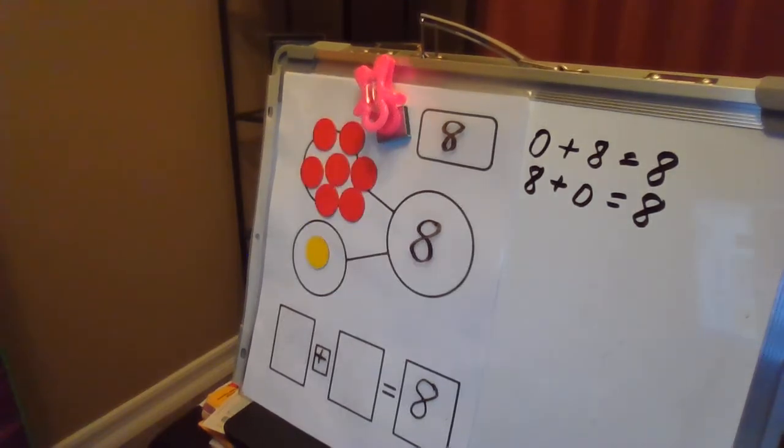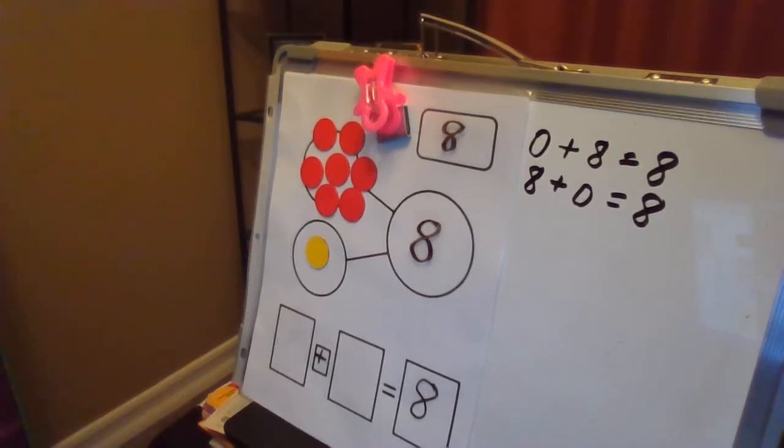Okay, boys and girls, now I can make another sentence to show how I can make 8 in another way. To represent this story, I could say there are 7 children in the swimming pool. Then 1 comes to join them.